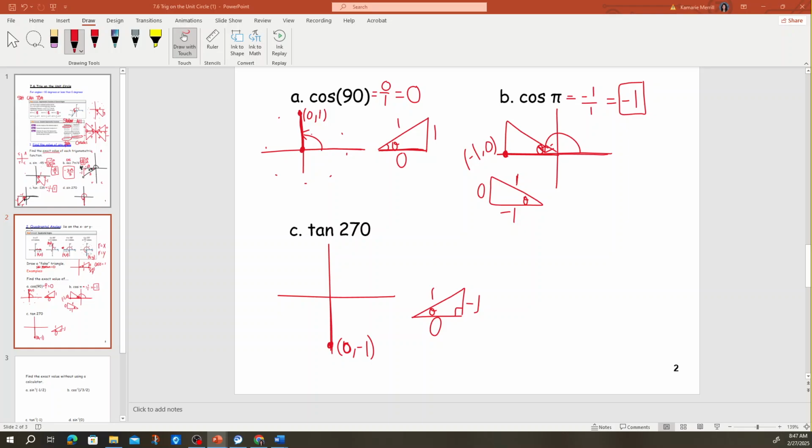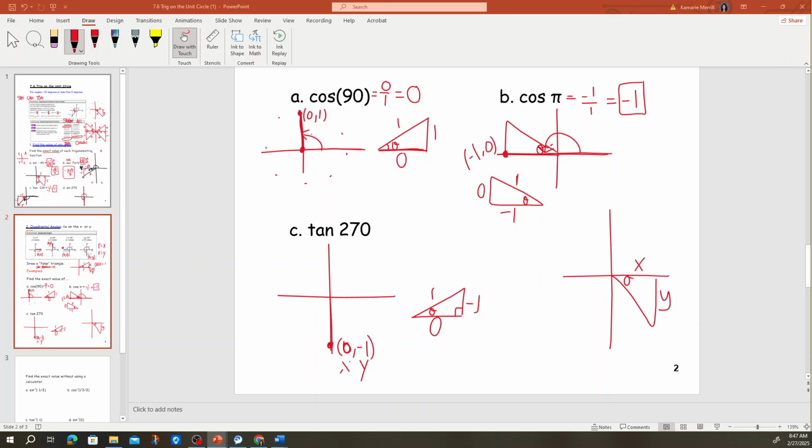Tangent of it, you guys said is undefined. Again, you guys don't have to do the fake triangle. Tangent was opposite over adjacent, which was y over x. So you could have also looked at this and said, hey, my y over my x is -1 over 0. Oh, that's so easy. If you prefer that, do it, though it hasn't been easy for some kids. When you're dealing with your unit circle, your opposite has always been your y.